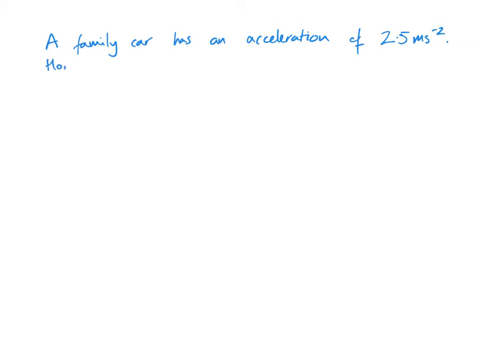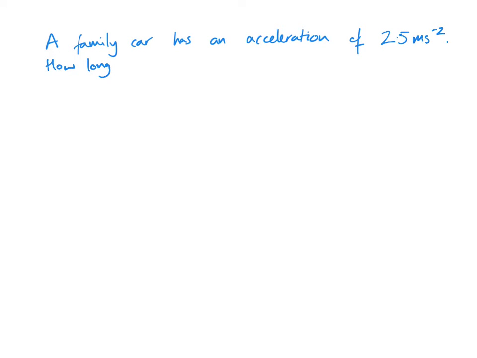Okay, so example 2. So a realistic value for, say, a family car might be 2.5 meters per second squared. And we'll just base it on the same numbers as before, because quite often when you're going to buy cars, this is what they quote.